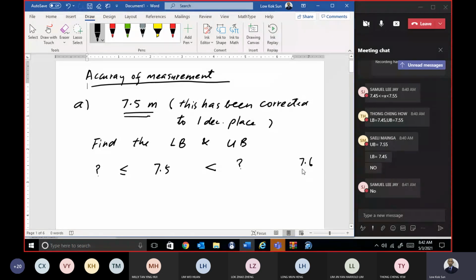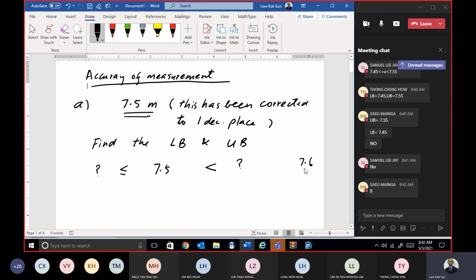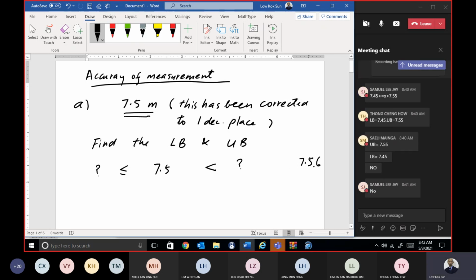No. Do you know why? If the original number is 7.6, after rounding it becomes what? Sorry, I made a mistake. Could it be 7.56? Can the original number be 7.56?